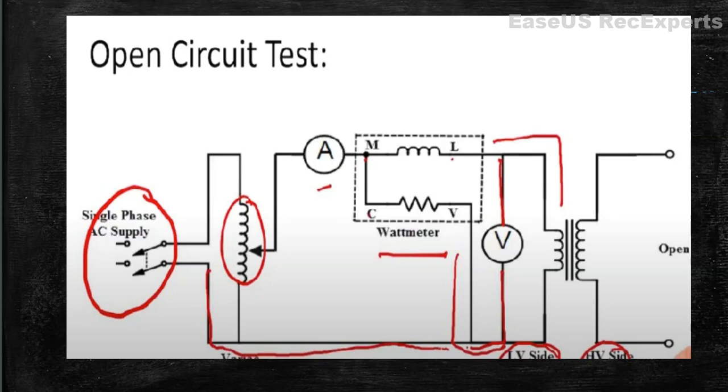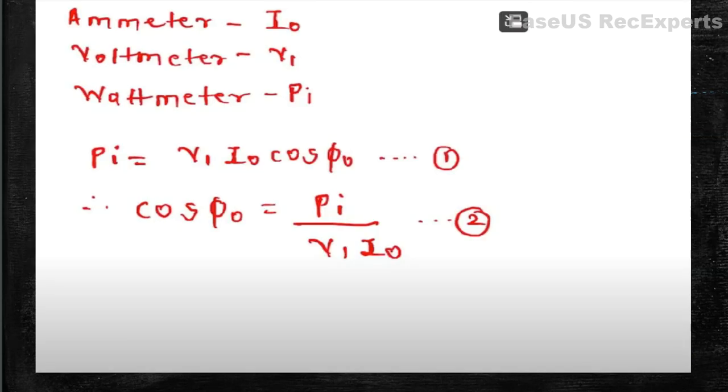Now let us see how to determine the parameters by using this test. The readings of the instruments connected for the test are as follows: the ammeter gives the value of no load current I0, the voltmeter gives the value of rated voltage V1, whereas the wattmeter gives the value of iron loss Pi.